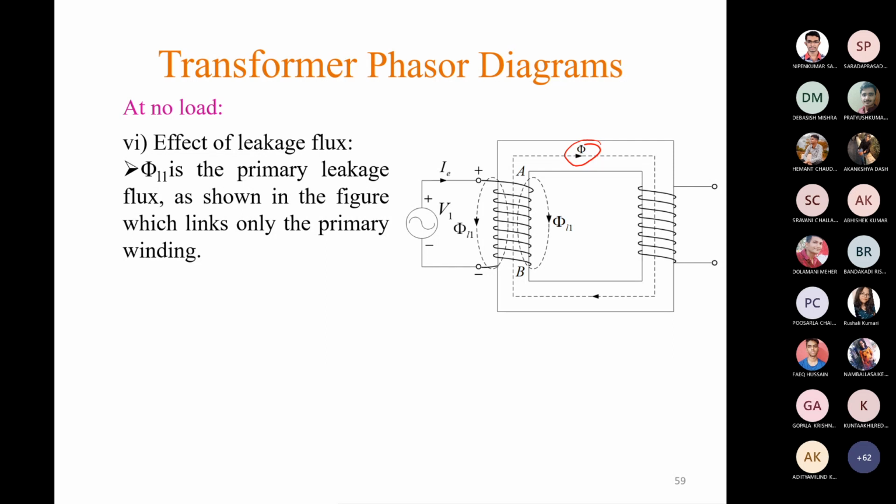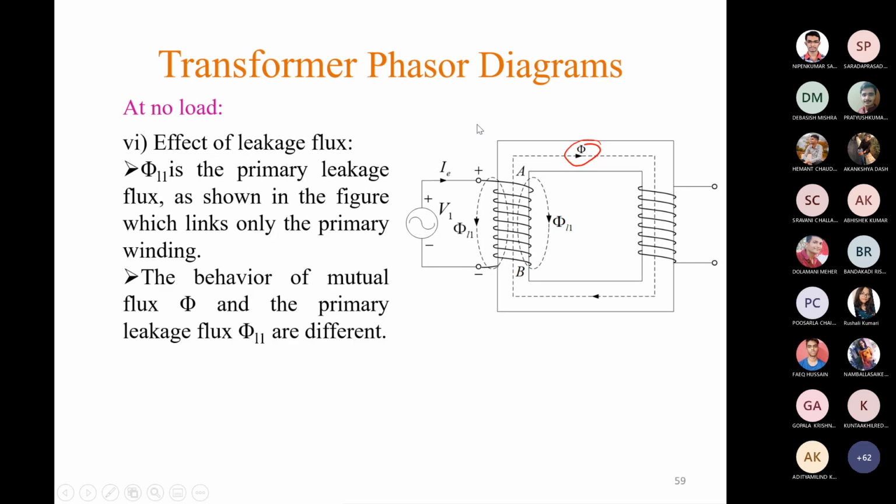Now consider the leakage flux. The properties of leakage flux will be a little bit different from the mutual flux. First of all, from this diagram we can see this flux phi L1 is produced by the primary winding and it is linking with the primary winding only. It is not linking with the secondary winding. So this is the first difference from that of mutual flux phi.